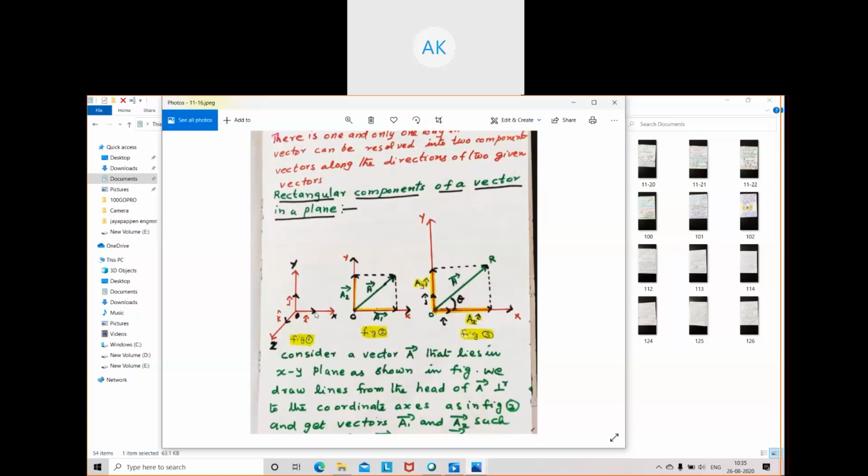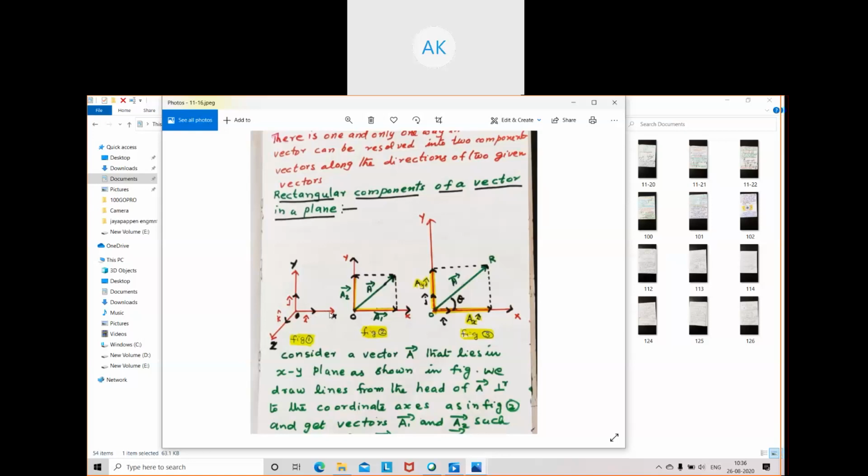So whenever you represent a vector along x direction, we write its magnitude, and the direction along the x-axis is always, suppose I write 4i cap. For 4i cap, it means from the origin at a distance of 4 centimeter along the x-axis that vector is acting. That's the meaning. i cap means what?